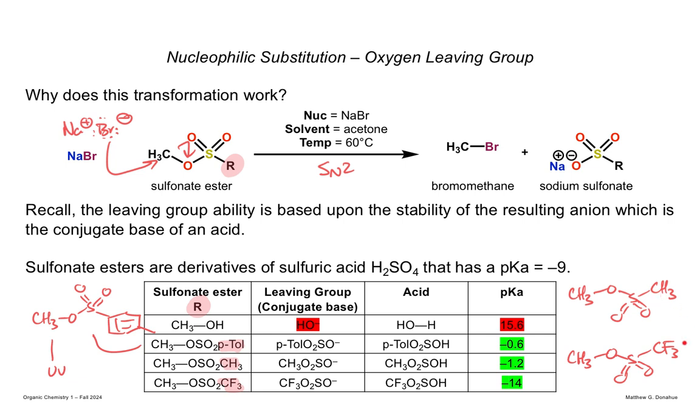So CH3 and then CF3. Those fluorines make that sort of the best leaving group you can get in organic chemistry. These would not be UV active because they don't have that aromatic ring. If you get into the nitty-gritty of organic synthesis, you would say, well, why would we use this if we can't see it?